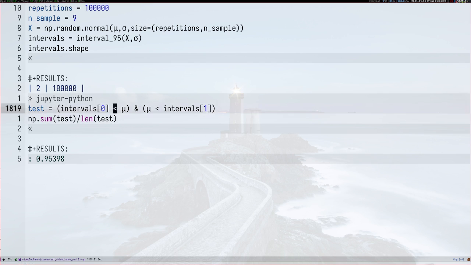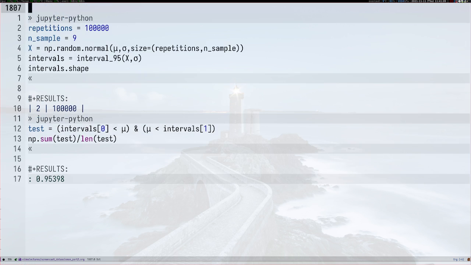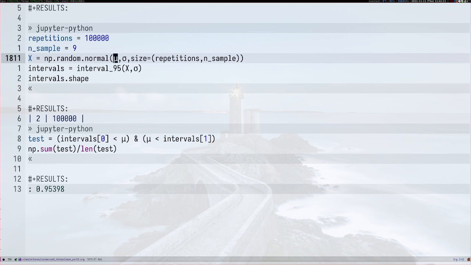So when I follow this procedure of forming my 95% intervals based on the sample mean, what we see is that following this procedure of forming confidence intervals, in 95% of the cases this procedure will lead to an interval that contains mu, the true parameter mu.